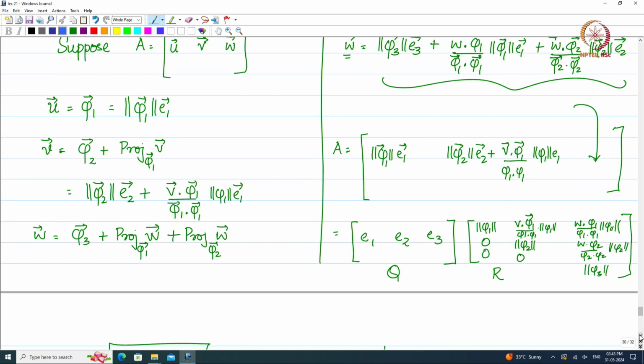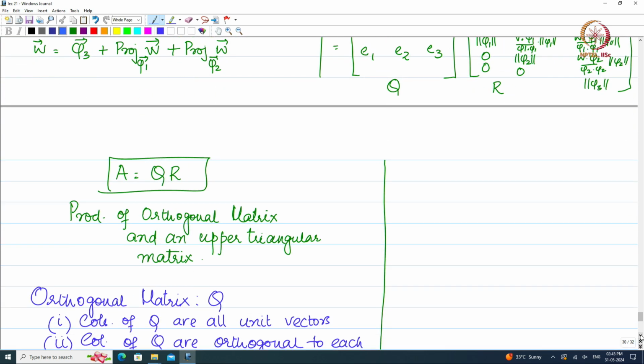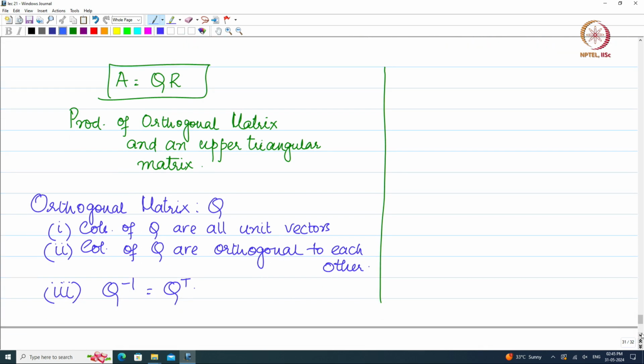We said that A is equal to QR, and we also studied the properties of the orthogonal matrix. An orthogonal matrix is nothing but a matrix whose columns are all unit vectors and orthogonal to each other, and it comes with the property that the inverse of this orthogonal matrix is basically the transpose of the matrix itself.